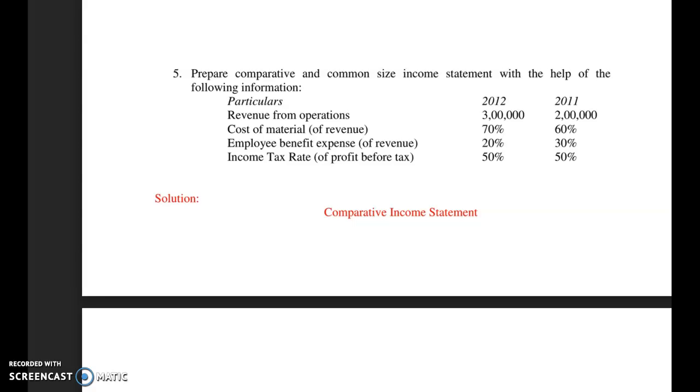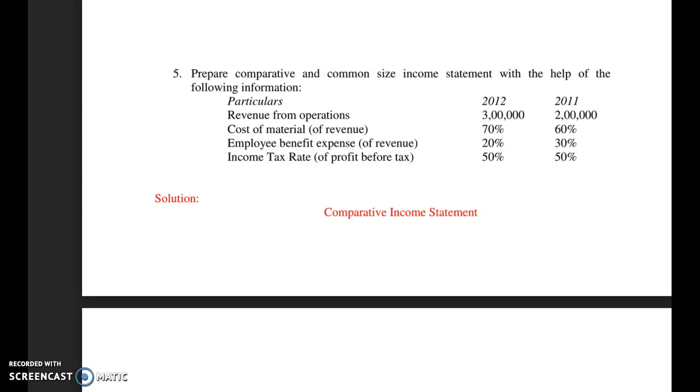The information states that we have to prepare the comparative and common size income statement with the help of the following information. I hope you already know how to prepare the comparative income statement. Here we will learn how to prepare the comparative common size income statement. See here, a very important thing, as earlier I also shared with you, check whether the years are given in the order of base year and current year.